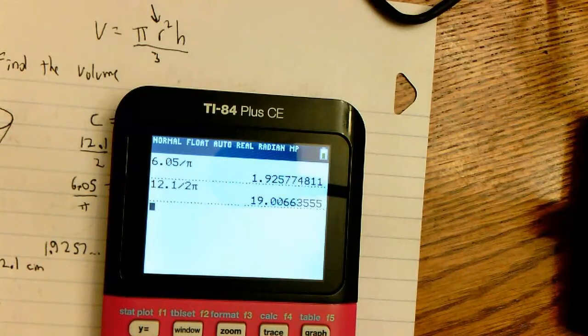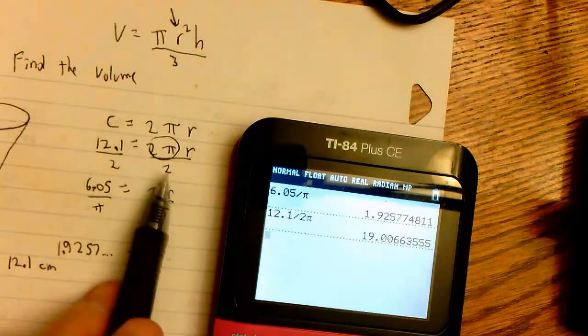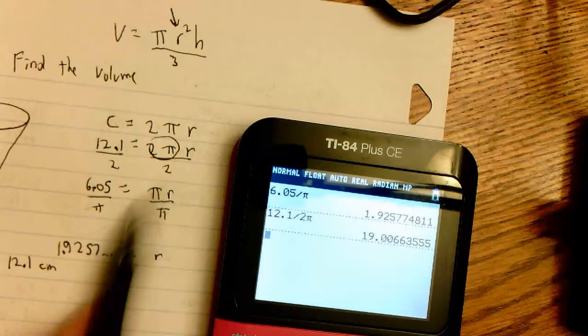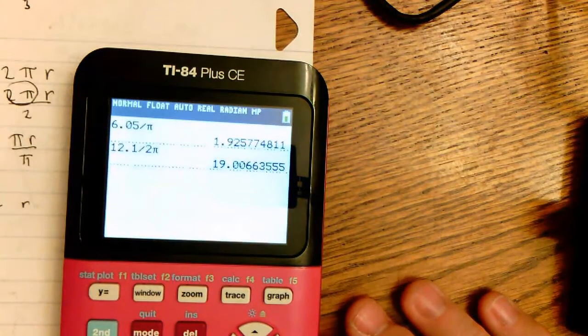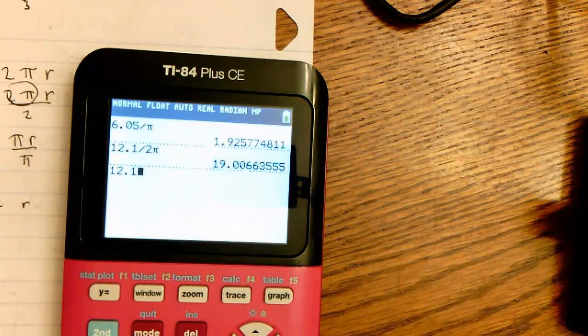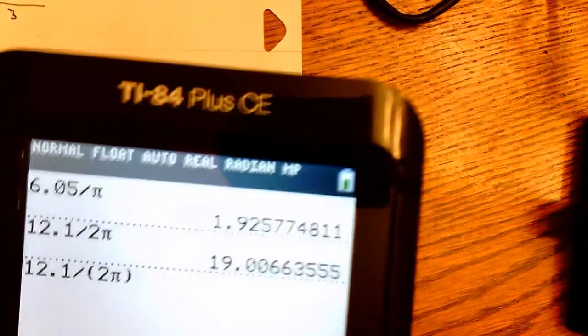If you want to do this in one step, instead of dividing by 2 and then dividing by pi, you could divide by 2 pi, but if you're going to do that, you need to put the 2 pi in parentheses, like that, so that it divides by the whole thing, right?